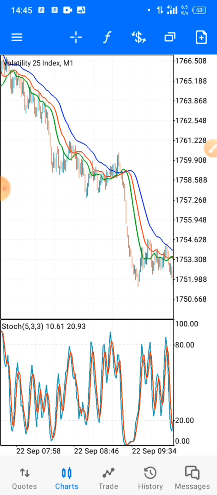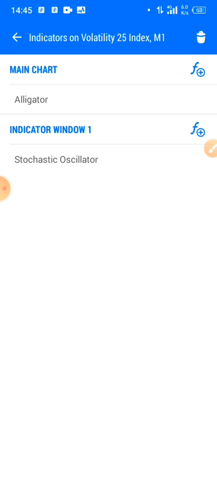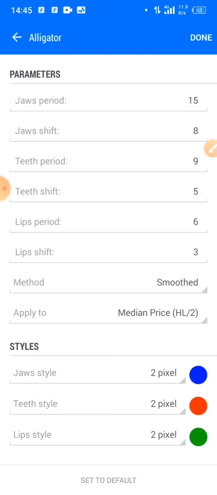Let me show you the settings for these indicators, then we'll jump into the conditions for our entries later. As I said, it's two indicators. The first is the alligator: jaws period is 15, jaws shift 8, teeth period 9, teeth shift 5, lips period 6, lips shift 3.